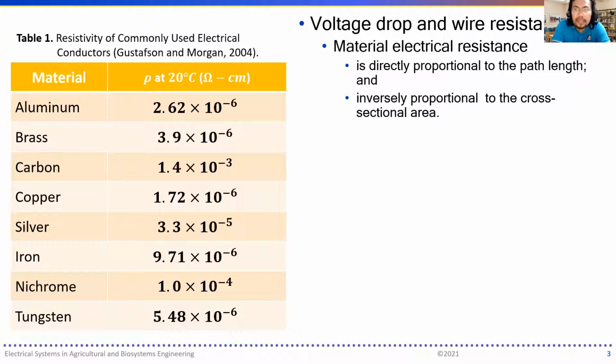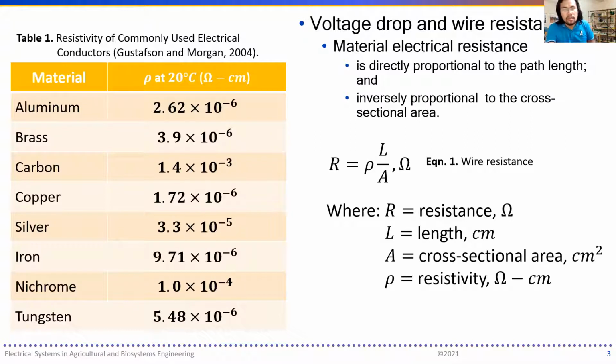Depending on the wire material, therefore, there is a resistance to electron flow, and this has been found to be proportional to the length of the path in that circuit, and inversely proportional to the cross-sectional area.